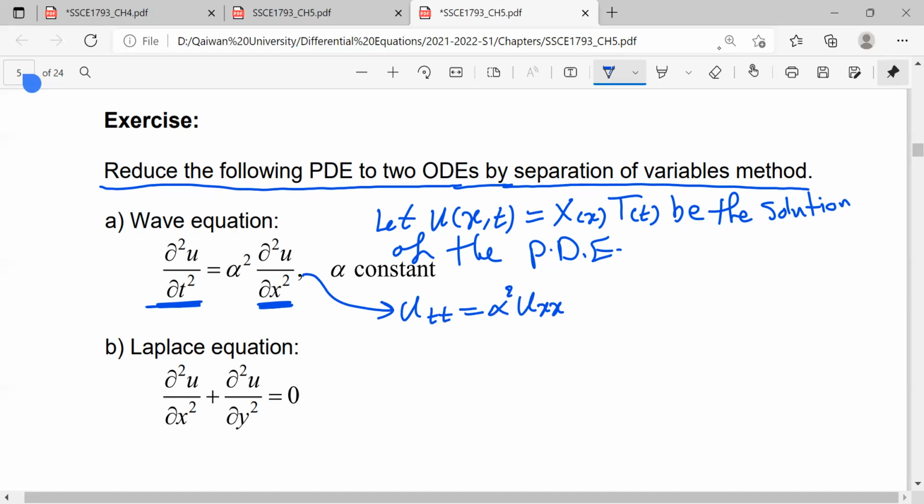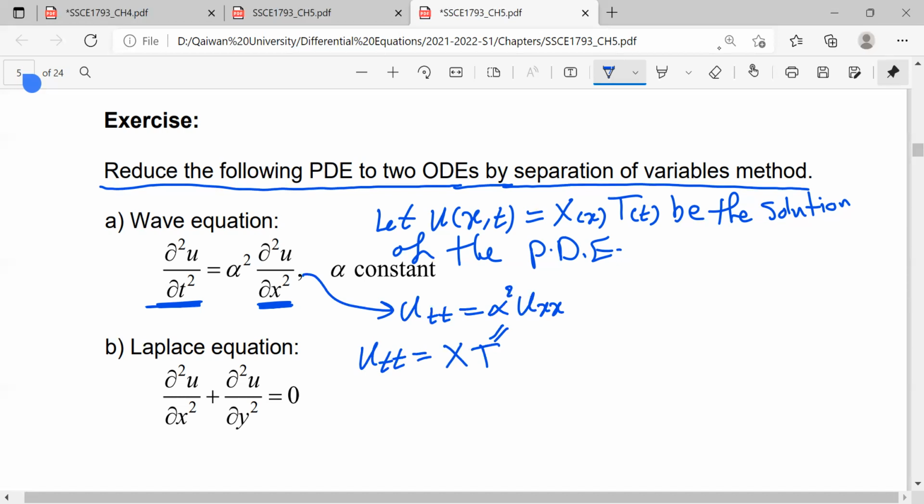We say u sub tt equals what? It's X T double prime. Since u is X times T, u sub tt is X T double prime, because in X we have no t, so it's a constant.